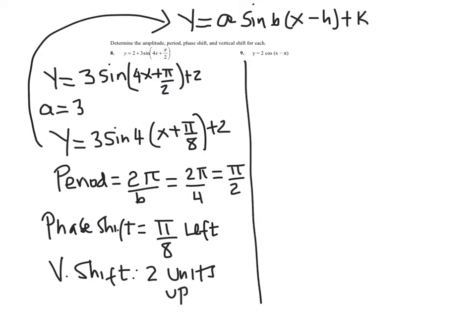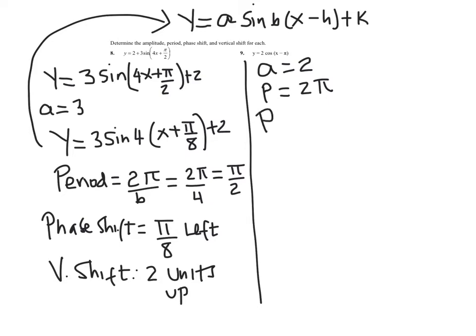Okay, now let's do the next one here. So the amplitude is equal to 2, the period is equal to 2 pi over b, but note here the value of b is 1, so I'm just dividing by 1, so it's just 2 pi.